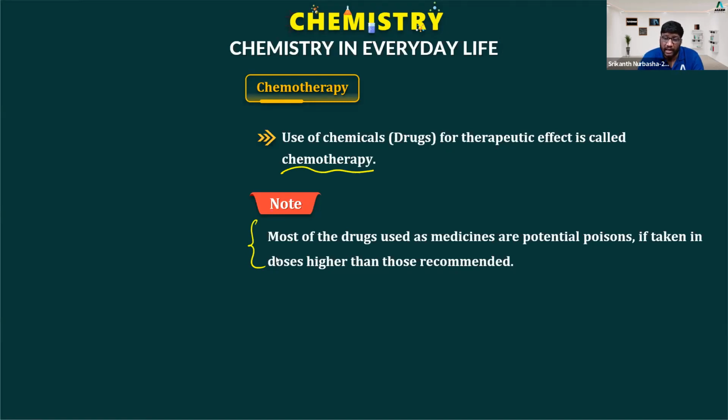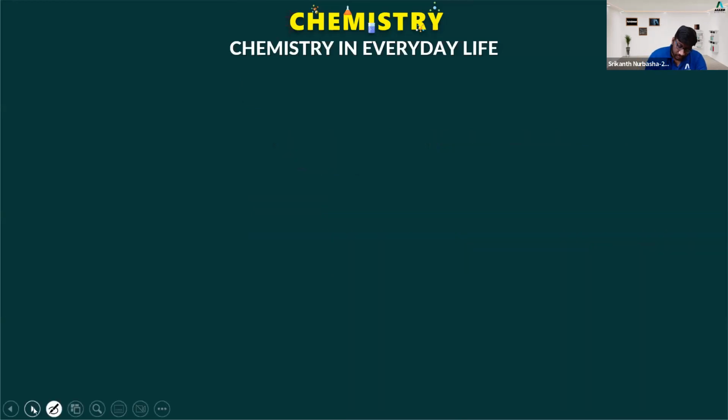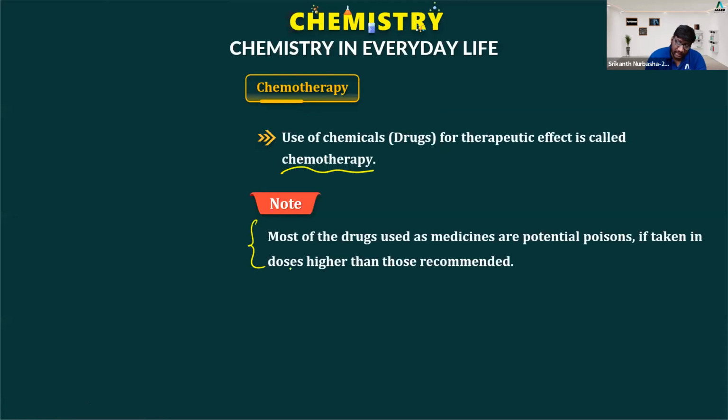Only in the predicted or recommended doses we have to take the particular medicine, because they are all potential poisons when taken in excess. That dose depends upon the age group as well. If a child goes to the doctor, he will have a different dose. If an adult goes, he will have a different dose. It varies depending upon the body conditions and so on.